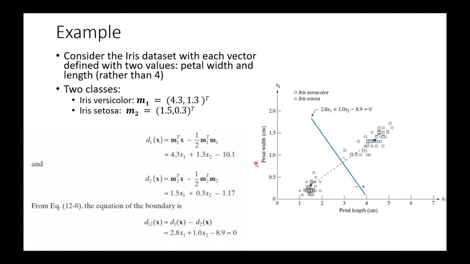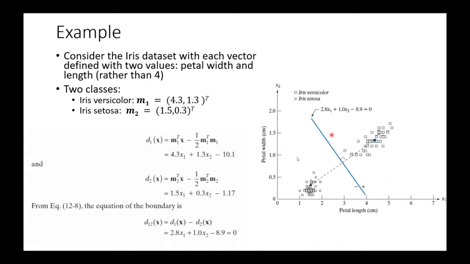Let's get an example to see this in numbers, right? So basically, let's consider the iris data set, but with only two values for each feature vector: the petal width and the petal length.